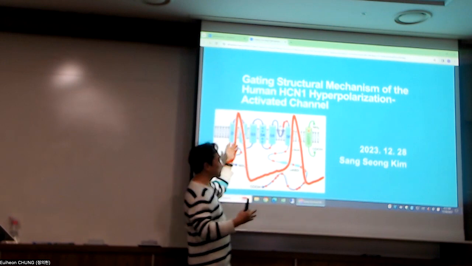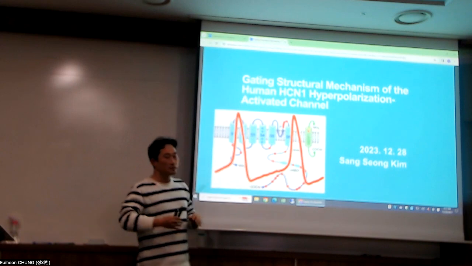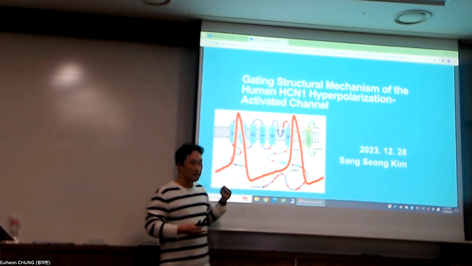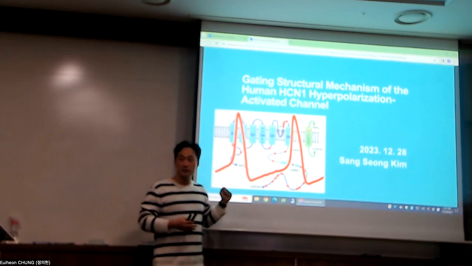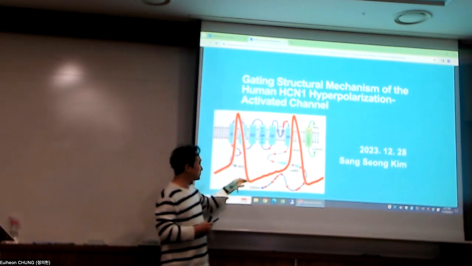So even without the external stimulation, this nodal cell can generate its own rhythmicity, right? That's what we studied last week. So does it mean that it's a mechanism for pacemaking? Yes, sure.